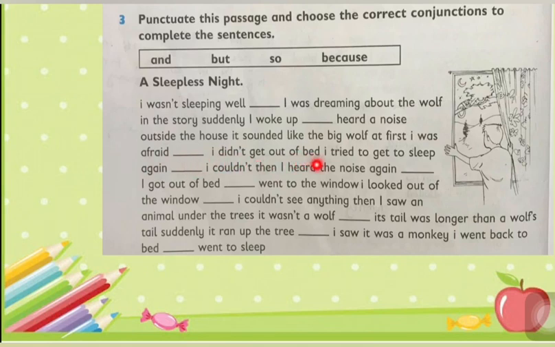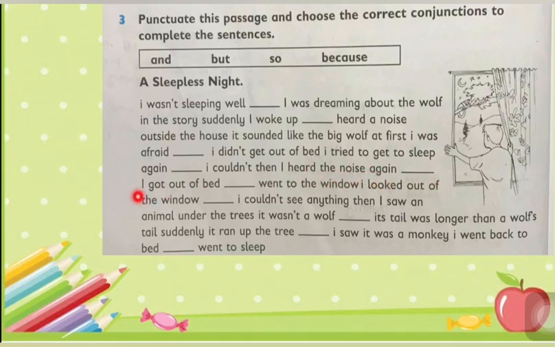Full stop. I is capital. I tried to get to sleep again. Now he's trying to sleep. Dash. I couldn't. Now he's unable to sleep. Contrast. Opposite situation has happened. So we will use but here. But I couldn't sleep. Then I heard the noise again. Dash.